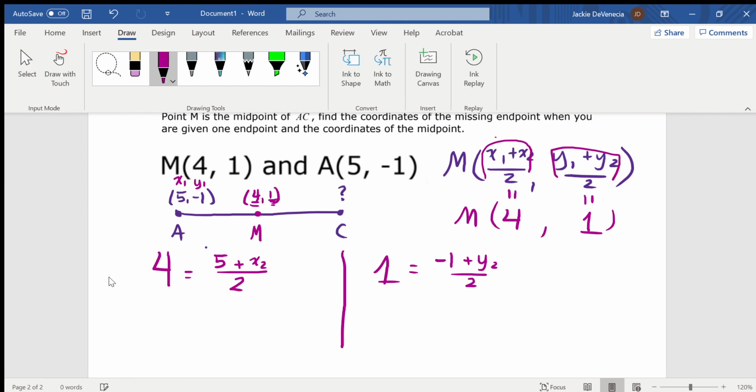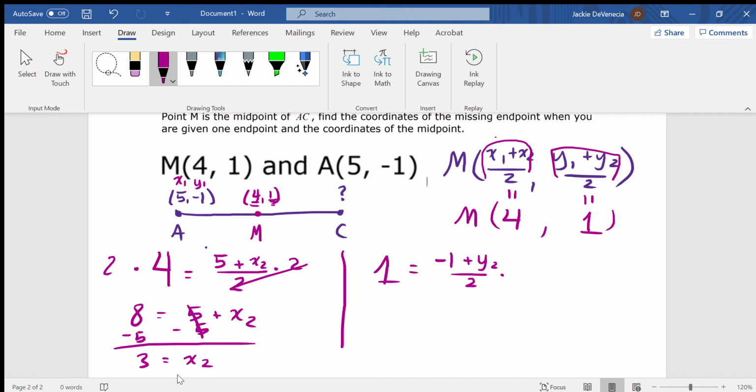So I need to do the opposite or the inverse of dividing by 2, which is multiplying. That cancels out. I have 8 is equal to 5 plus x2. And then you want to subtract 5 on both sides. This gives you 3 is equal to that x2 coordinate. All right? The same thing right over here.